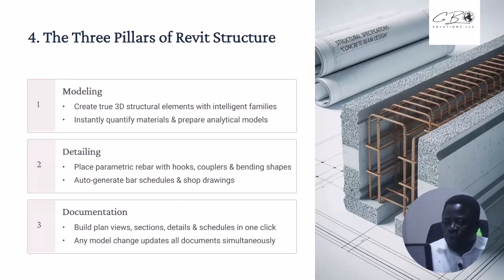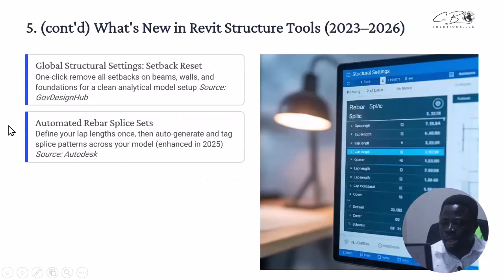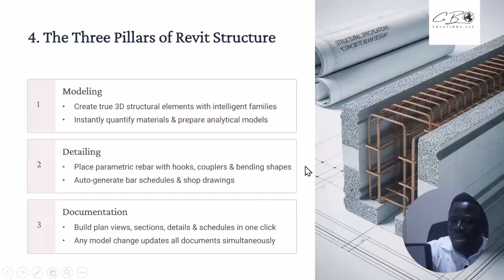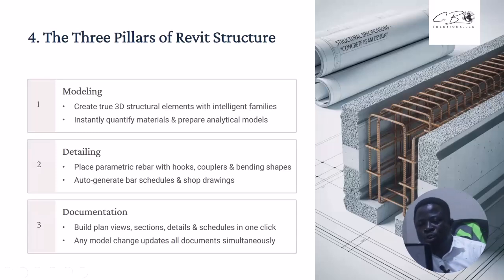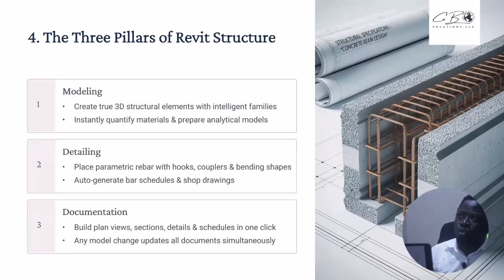So the three main pillars that we want to look at, the first is modeling. In Revit, you create a true 3D structural element with intelligent families, and then you can also instantly quantify materials and prepare an analytical model. Now, this is what the architects require from you, not just the CAD drawings.